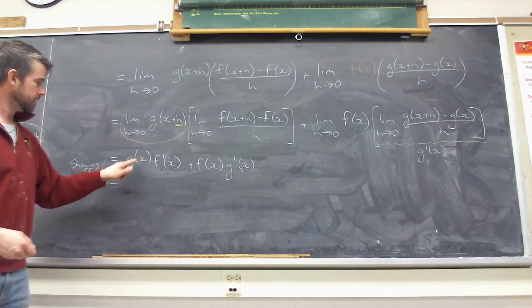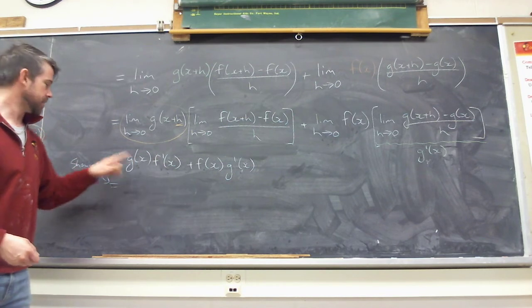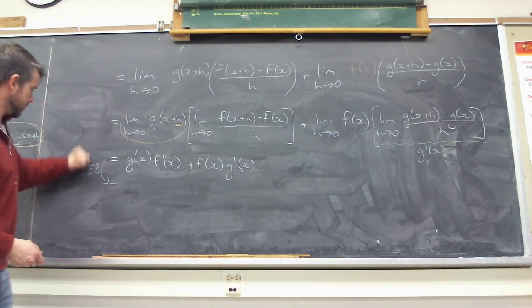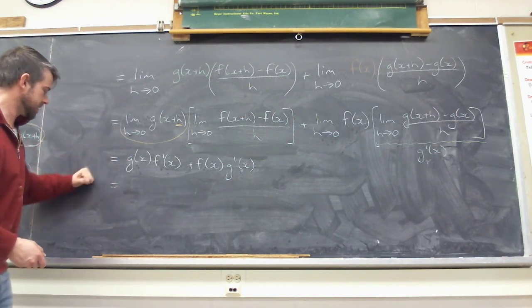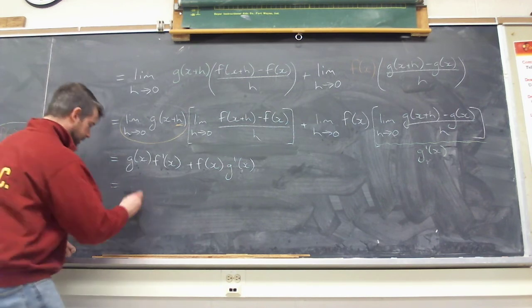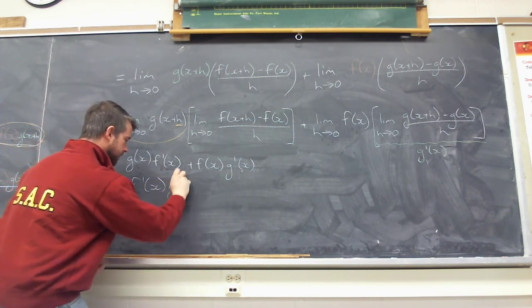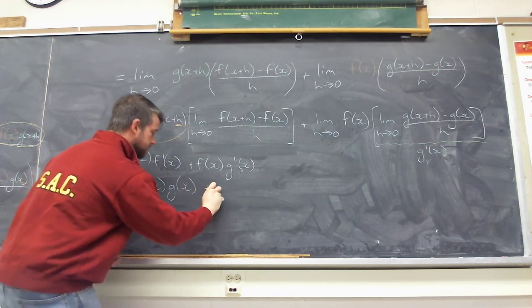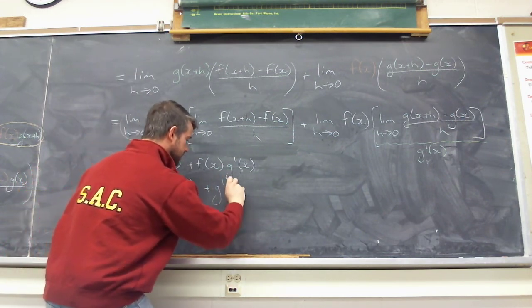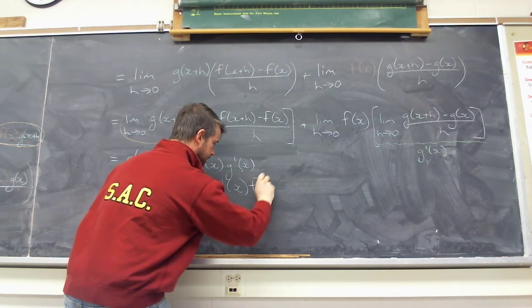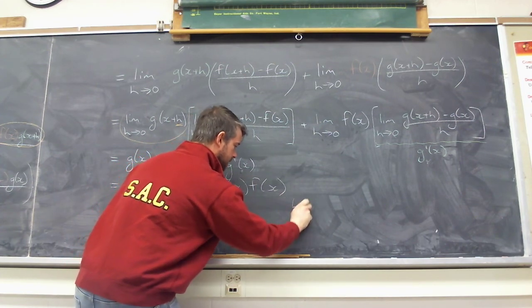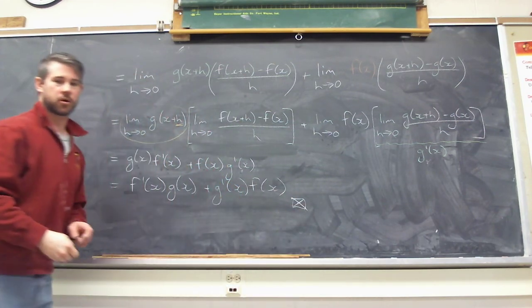But fortunately, 2 times 1 is the same as 1 times 2. So I suppose I should get rid of that showing off now. It seems a tad ironic. And instead, I'll just write this out as the derivative of f of x times g of x plus the derivative of g of x times f of x. And that's what we were required to show.